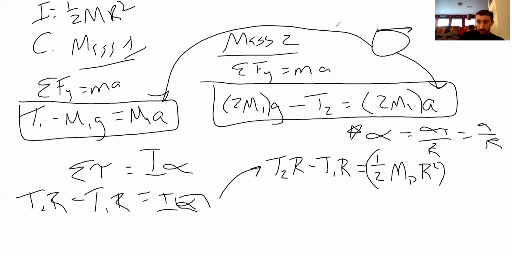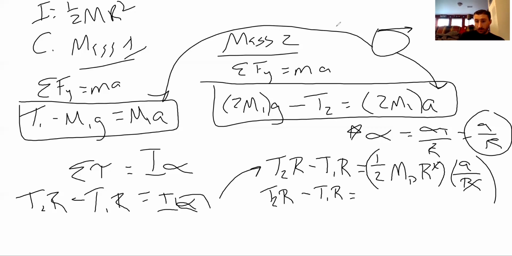That's I. Alpha becomes A over R. The R is going to cancel out the squared. So let me rewrite that. I get T2R minus T1R equals 1/2 mass of the pulley R A.